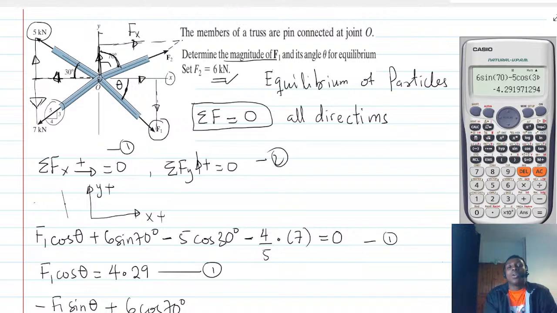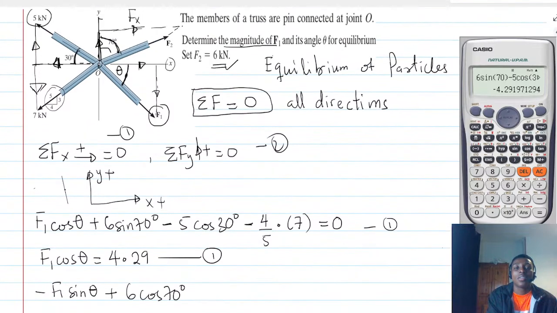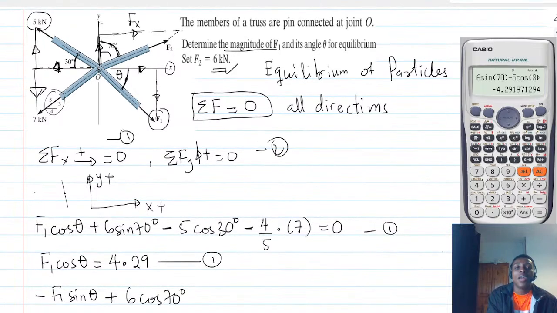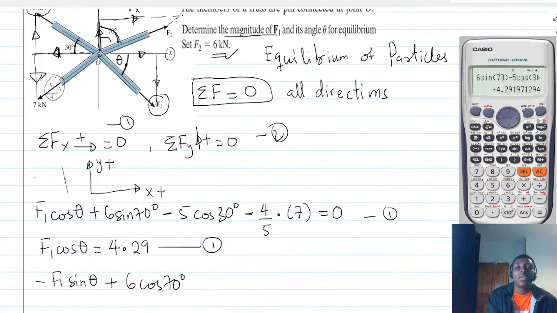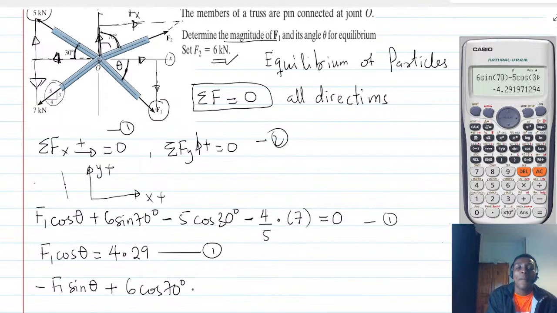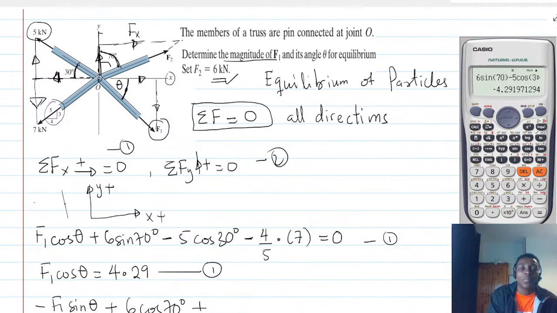Okay. So 6 cosine 70, isn't it? And then 5 kilonewtons, so plus, because the 5 kilonewtons will be going up. Okay.